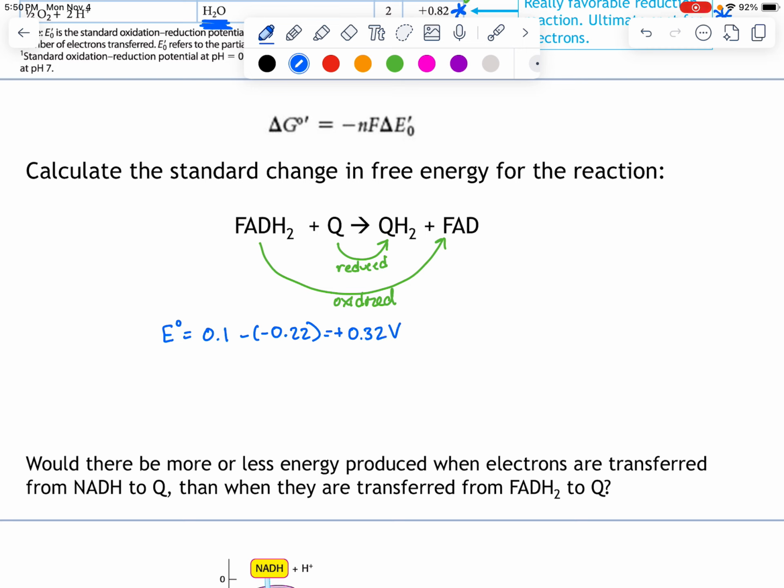And then you could plug that into the Gibbs free energy equation, negative nFE. 2 electrons are being transferred each time, so that number is 2. And when we plug this in, 0.32 plus your Faraday's constant, you'll find this is negative 62 kilojoules per mole.